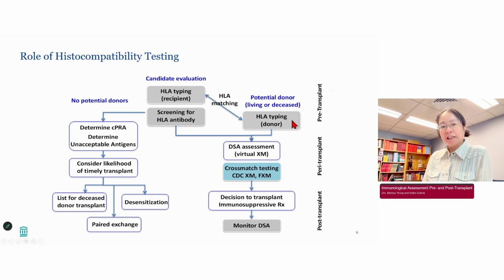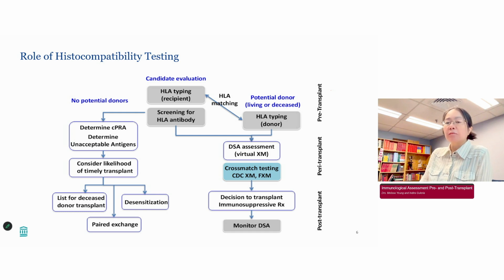Using the donor HLA typing and comparing it to the prior results of the HLA antibody screen, one can then try to assess whether the patient has previously formed or pre-formed donor-specific antibody against that particular donor. And that's what's known as donor-specific antibody assessments, or you may also have heard the term a virtual cross-match.